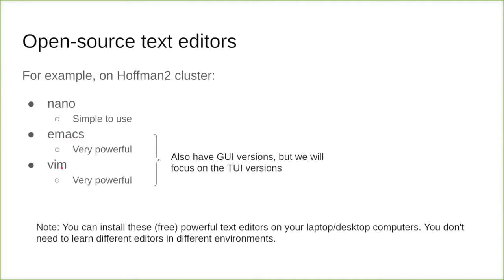Both of these are really, really powerful, right? No one probably can learn all the features in these text editors. I'm going to demonstrate some of the Vim features, and maybe you are using Emacs, but I'm sure whatever you can do in Vim, there is something equivalent in Emacs, and vice versa. And so I'm going to demonstrate the use of this.